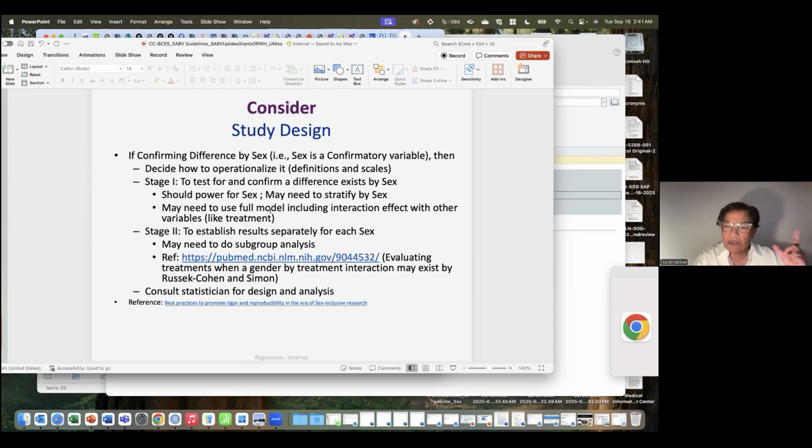Stage two is you may want to report results separately by sex. And in that, you have to do formal subgroup analysis. Here is a guidance, a link by Estelle Russek-Cohen and Richard Simon of FDA and NCI that goes into evaluating treatments when a gender by treatment interaction may exist. So this is a great primer for subgroup analyses.